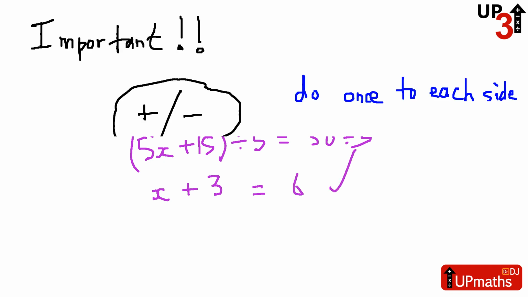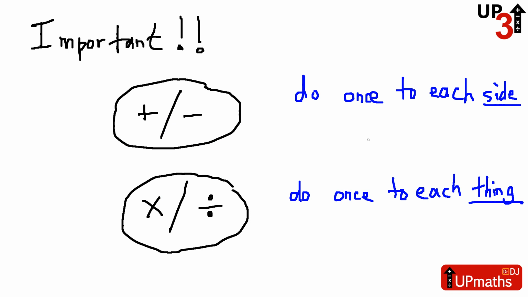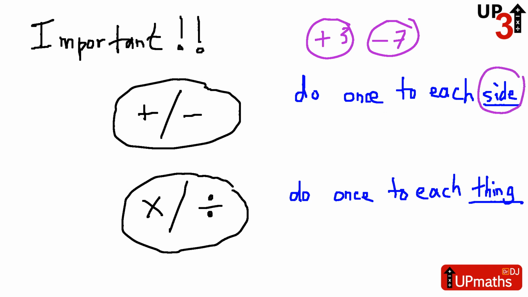Let's do the next one. Ah, yes, okay. Summary. When we do the same thing to both sides, like add 3 or minus 7 or whatever, then we do it once to each side, because it's plus and minus.